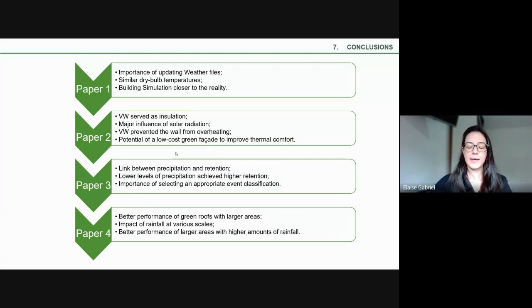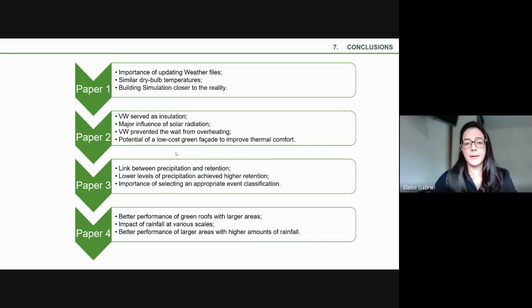Regarding the second paper, the heat flux balance analysis showed that the vegetative wall acted as an insulation system, regulated the building's temperature, and prevented overheating of the walls. This shows the potential of a low-cost green facade to improve thermal comfort, even in an affordable house. We do not have to invest a lot of money to achieve great thermal comfort.